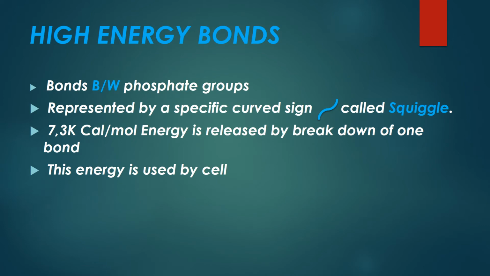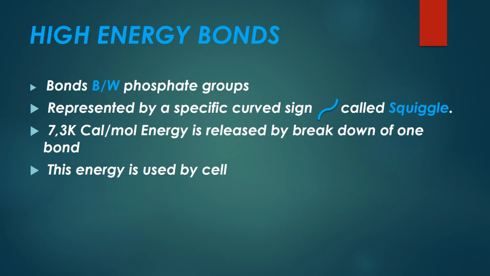High energy bonds. We have high energy bonds in the structure of ATP. If we see the bonds between phosphate groups, the bonds between phosphate to phosphate groups, those bonds have very high energy. Why? There is a reason.